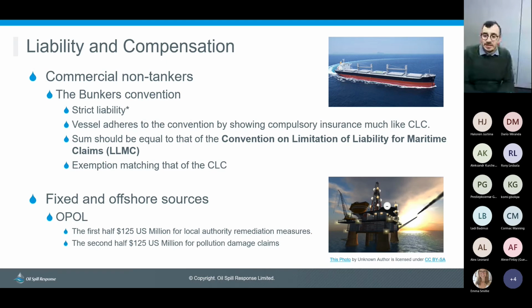Claims for damage exclude damage caused to the facility, so we're not going to pay for the FPSO or for the rig. As part of the agreement, operators must provide evidence of their ability to pay claims.